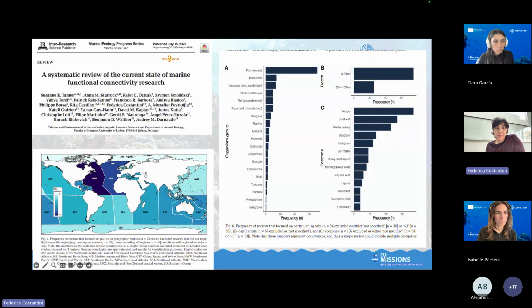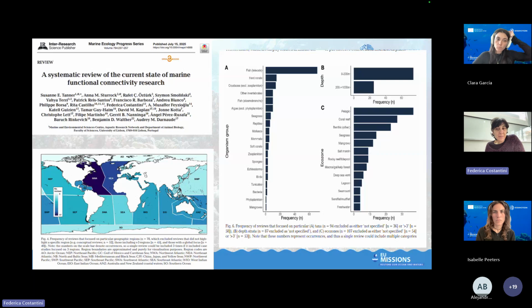Despite its importance, in a recent paper we highlighted that research on marine functional connectivity has advanced rapidly, as shown by the growing body of primary literature and the increasing number of reviews covering a wide range of themes and methodologies. Otherwise, through word co-occurrence and network analysis, we reveal clear imbalances.